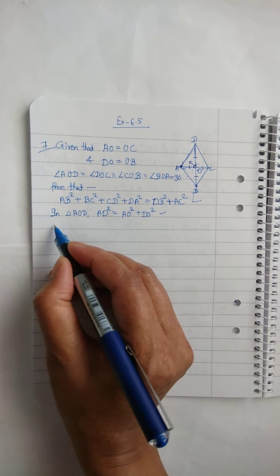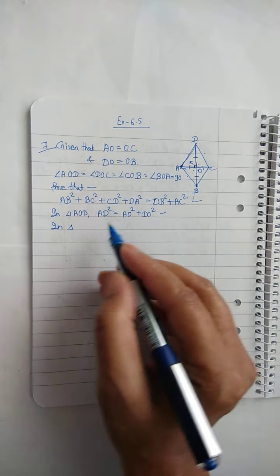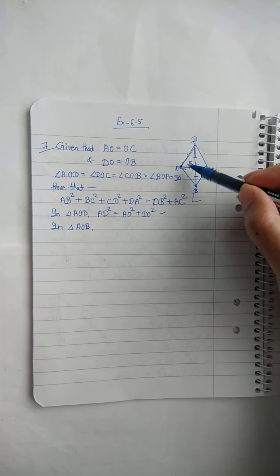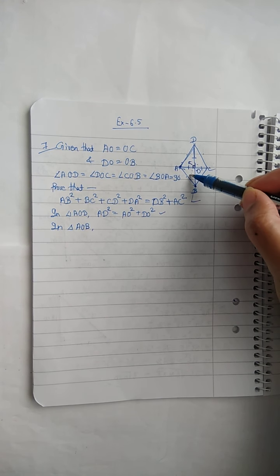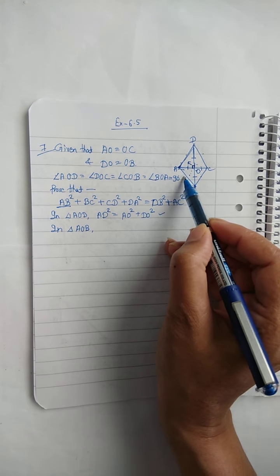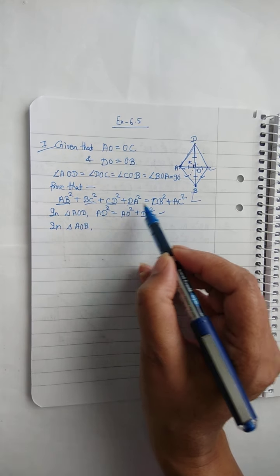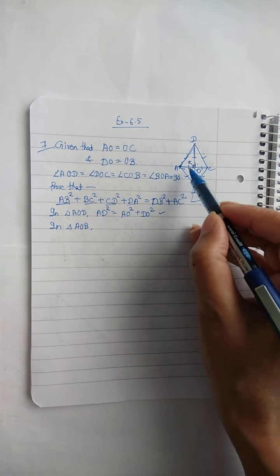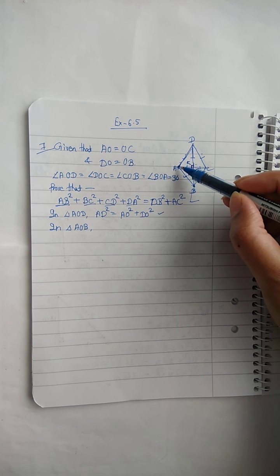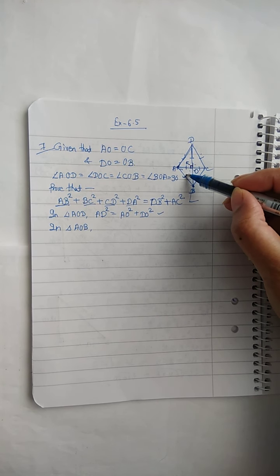Okay, so now in triangle AOB, but why am I using this theorem in the first triangle, then this triangle? Because what we have to calculate? AB square, BC square, CD square and DA square, means these sides' squares we have to calculate. If we use the Pythagoras theorem, according to hypotenuse square, we can find out the sides' squares, right?